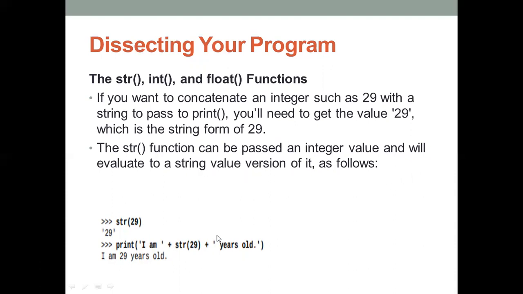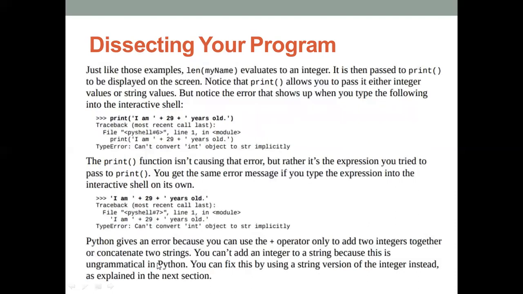Okay, here you see how it gets converted. So str of 29, this 29 is an integer. If you pass this inside the str function, then it will convert it into a string, and then it will attach. It's a string version of the integer. So now you can concatenate this one. The main intention of that previous example is that they want to print that I am 29 years old.